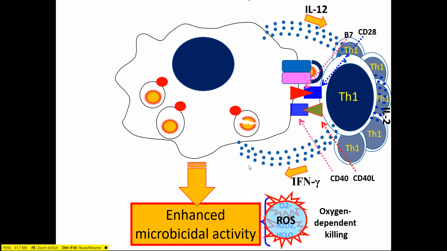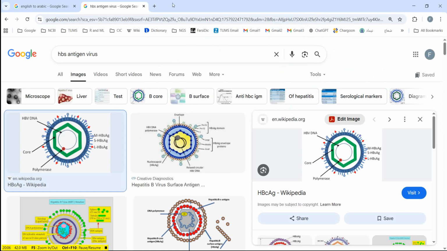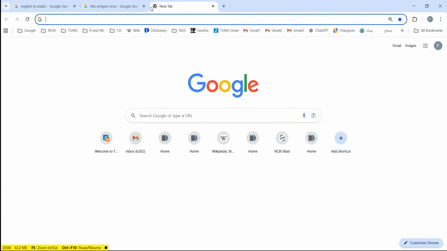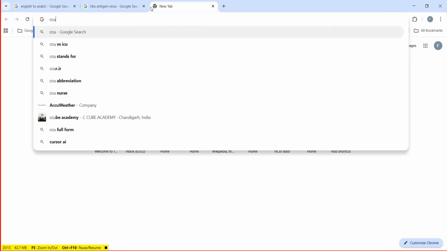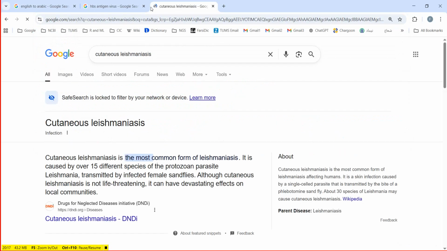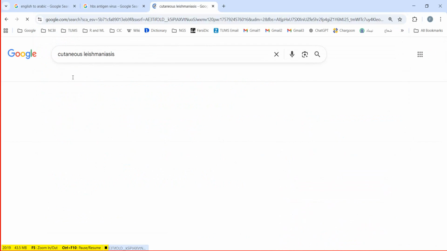All right. This cellular crosstalk, which is very important, was discovered in mice. How was it discovered? We have an infection named cutaneous leishmaniasis.